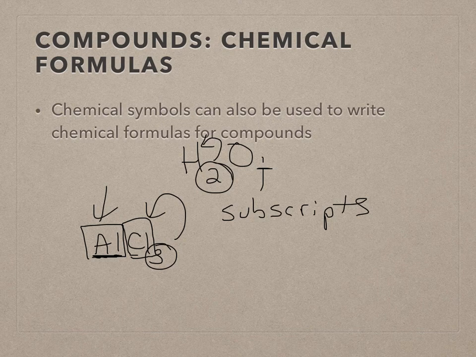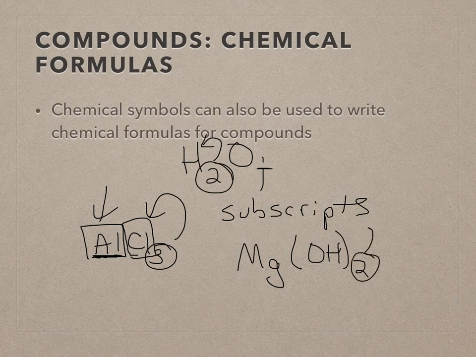Sometimes they even use parentheses. So sometimes you might have something like Mg(OH)2. We'll get into this a lot more later, but this is telling you that there are 2 of whatever is in the parentheses. So if you look inside the parentheses, there's an O, oxygen, and an H, hydrogen, but we've got this little subscript here.